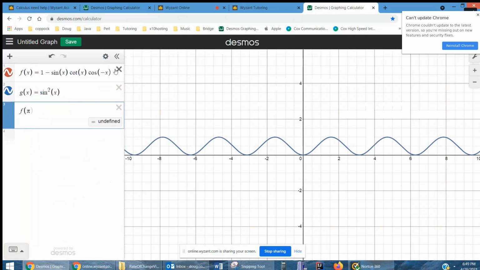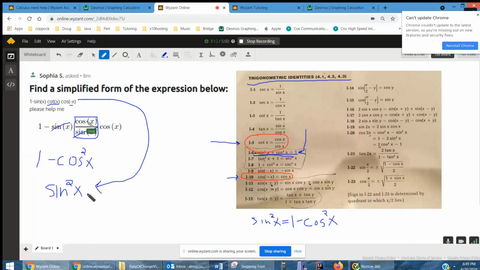That's because you cannot take the cotangent of pi. So they're not quite equivalent. G of pi is defined. So even though it looks like these are equivalent, the fact that we have a cotangent here means that x cannot be a value that ends up with the terminal side along the x-axis.